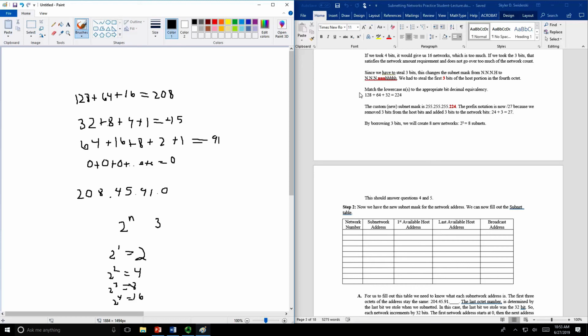So now we have 27 network bits, and the rest are host. 27 would be our prefix notation, because remember, /24 was the default for Class C.